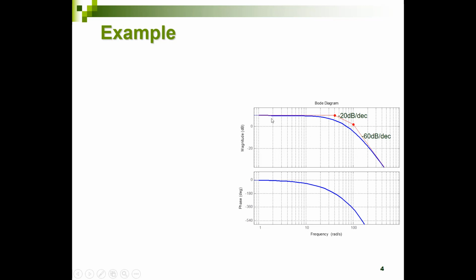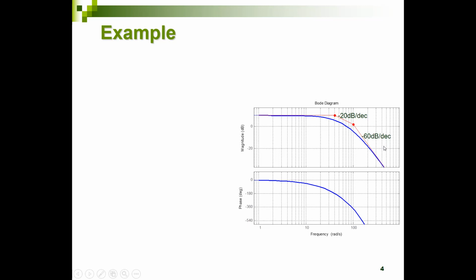Well, first of all, when we look at the low frequency and high frequency behavior of that system, we see that the low frequency behavior is constant, and at high frequencies we see that the amplitude plot drops by minus 60 dB per decade. So first of all, it indicates that it's a low pass filter, and the minus 60 dB per decade indicates that this is a third order system.